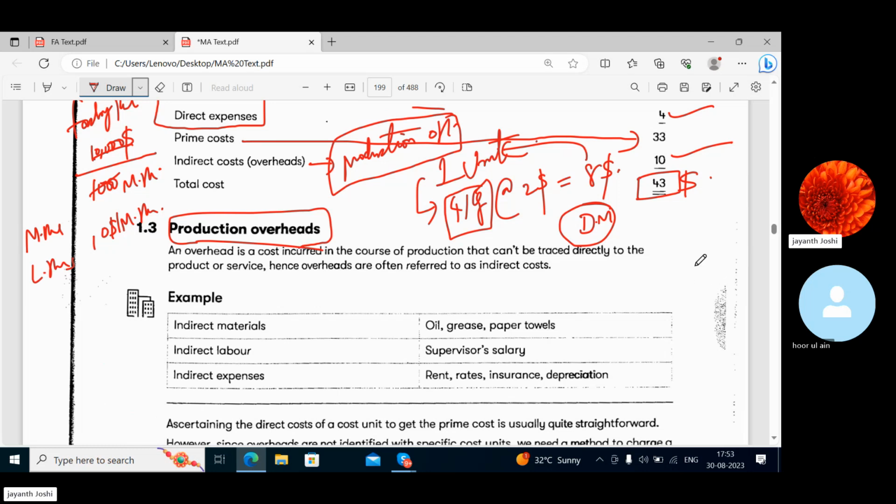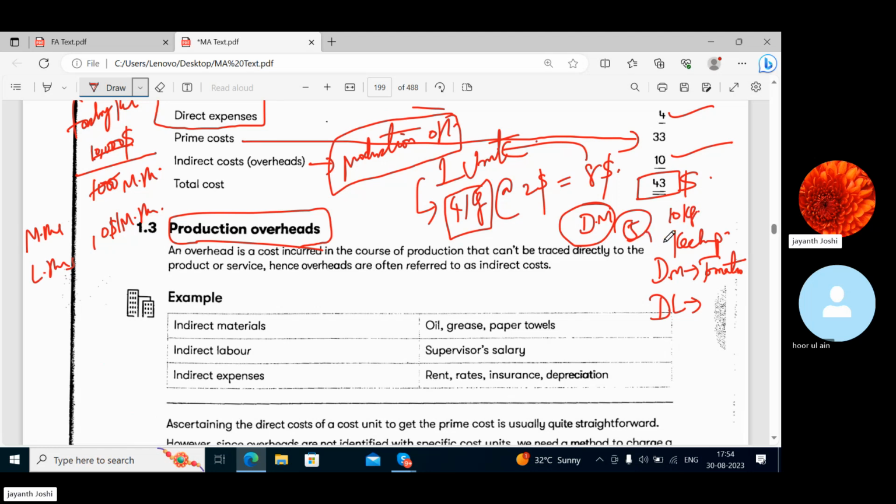For example, if I'm making a particular product, let's say ketchup, direct material will be tomato. Direct labor will be working. So 5 labors are required to make 10 kgs of ketchup.